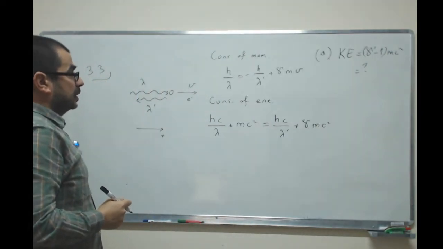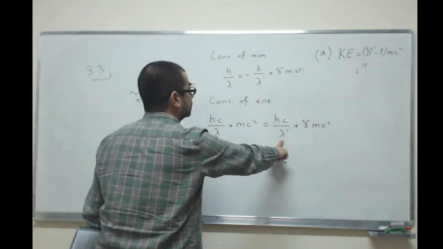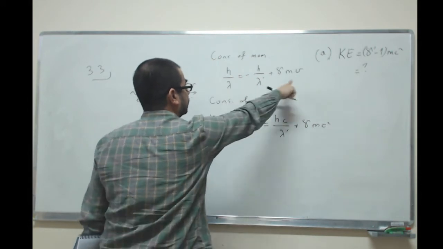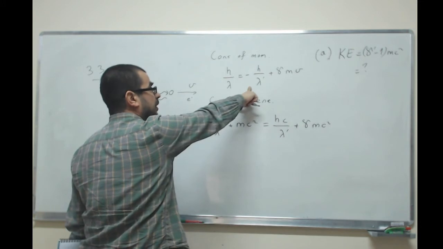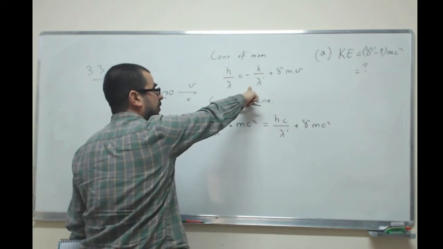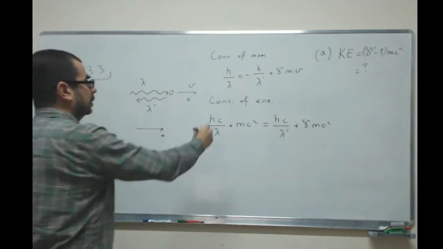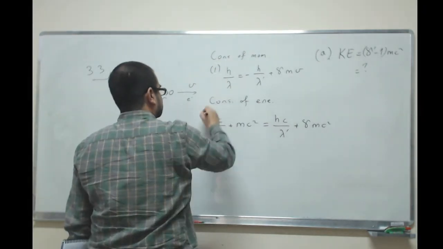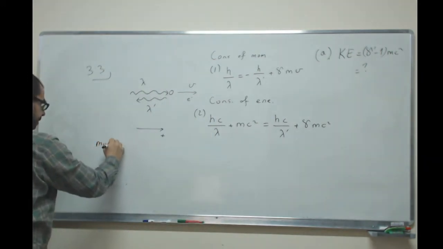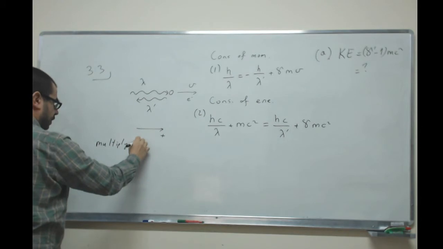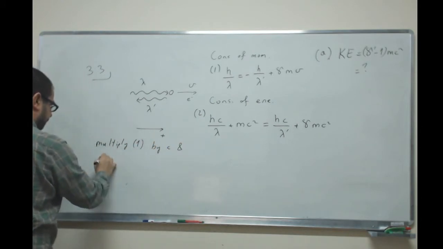So we need to eliminate lambda prime, and one simple way to do that is to multiply the momentum equation by c and then add these side to side. This has negative hc over lambda prime, and this has positive hc over lambda prime. They are going to cancel. So this is 1, and let's say this is 2. Multiply 1 by c and add side by side.